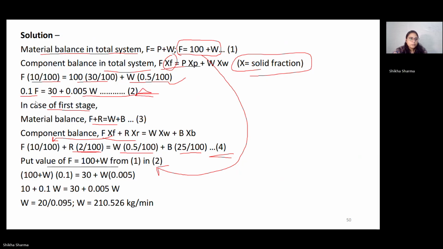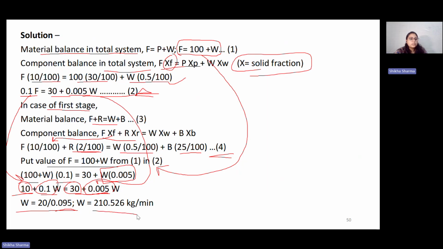So it would be 0.1 into F, so 0.1 into (100 plus W) equals 30 plus 0.005 W. When we solve, 0.1 into 100 is 10, so 10 plus 0.1 W equals 30 plus 0.005 W. So W would be 30 minus 10, which is 20, divided by 0.1 minus 0.005, which is 0.095.